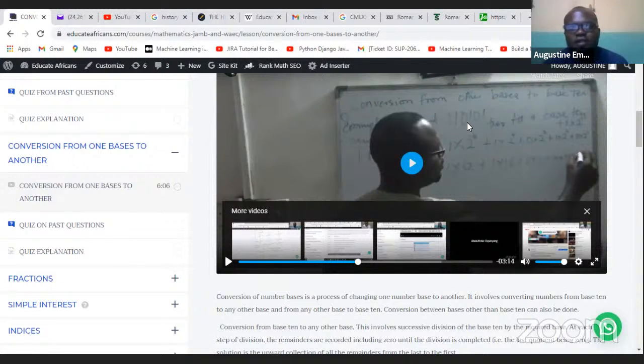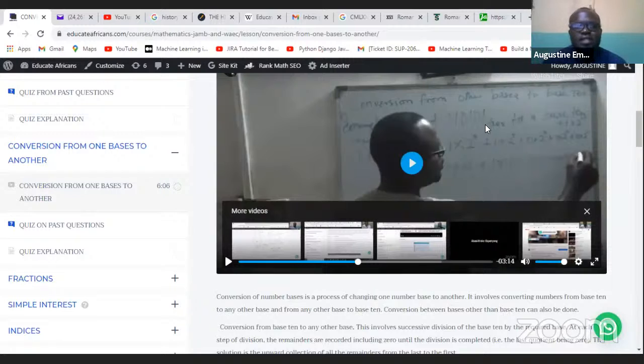Now, let's say you're converting a number that is in base 8. In place of 2, you would have 8, and you still count the exponent as decreasing. Whenever you're converting from other bases to base 10, you use successive multiplication.